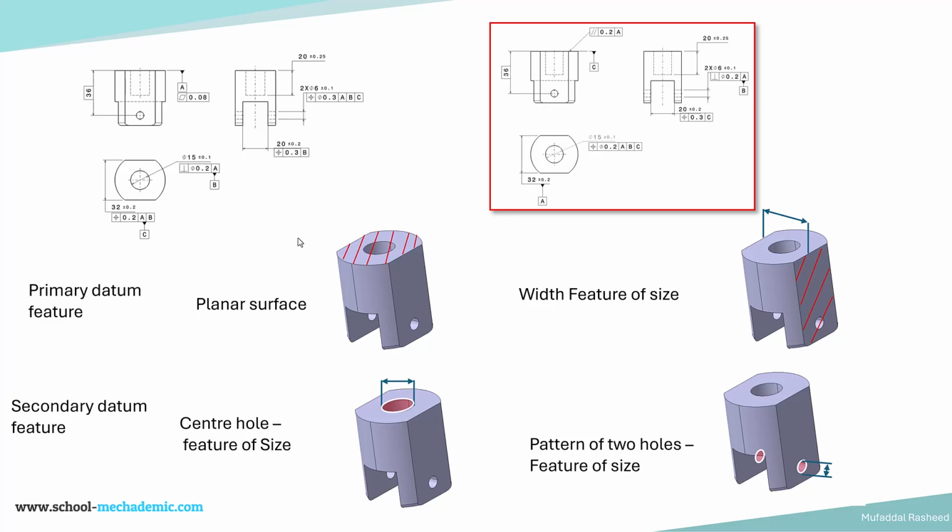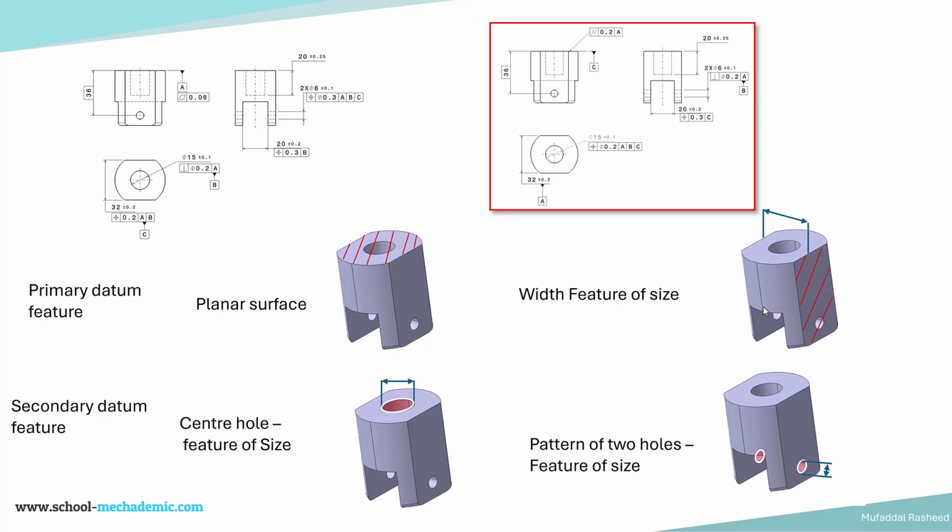If that is the case, then scheme 1 makes more sense. But if these holes are first made after the width has been manufactured, or the center hole is made with respect to the two holes, then the alternate scheme makes more sense.